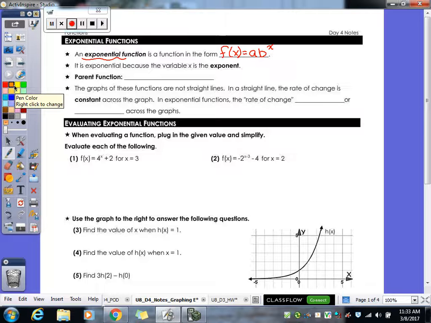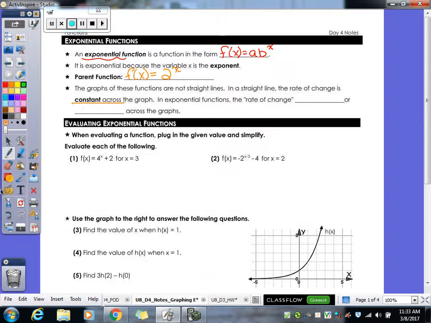Parent function, our most basic form of our exponential, would be f of x equals 2 to the x. The graphs of these functions are not straight lines, even though part of it does look like it is. In a straight line, your rate of change is constant.